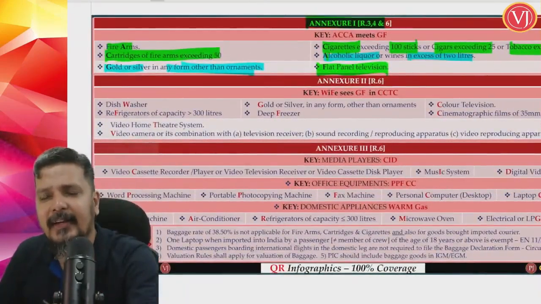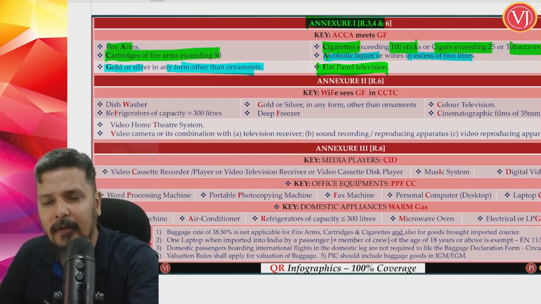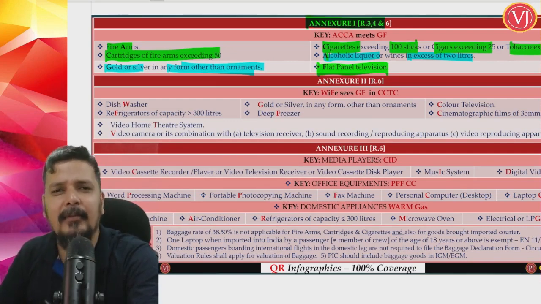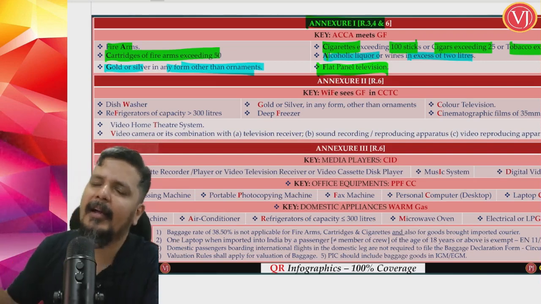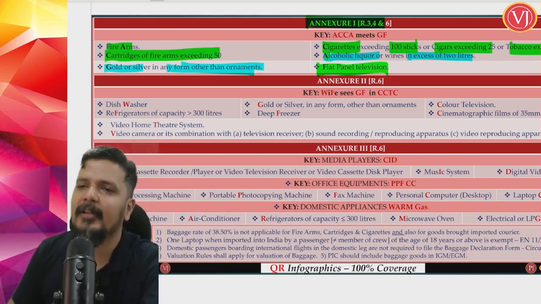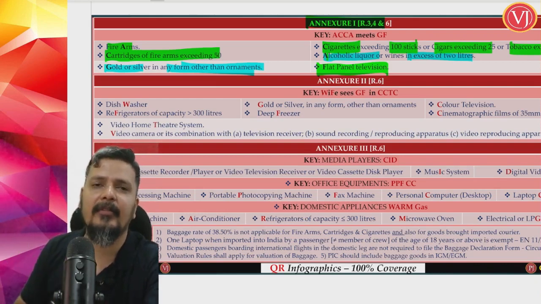So firearms, cartridges more than 50, cigarettes more than 100, cigars more than 25, tobacco more than 125 grams, liquor in excess of 2 liters. Other items, bullion, and flat panel television. These are all your Annexure 1 items.